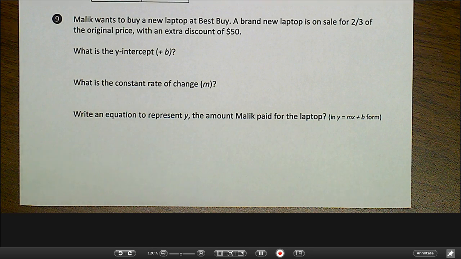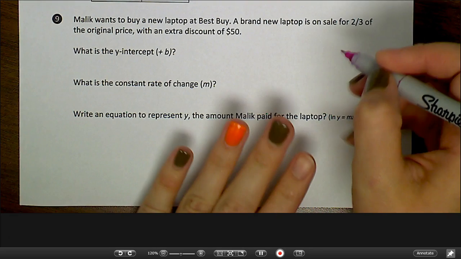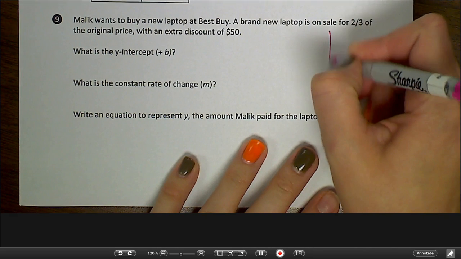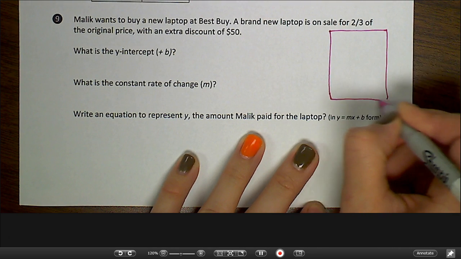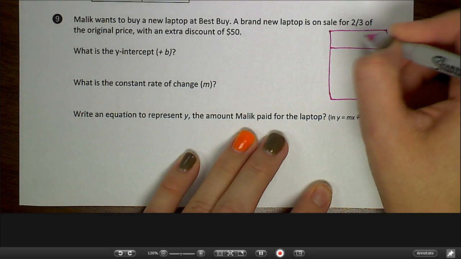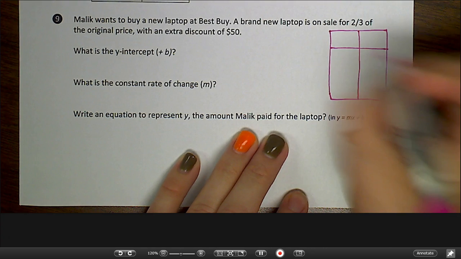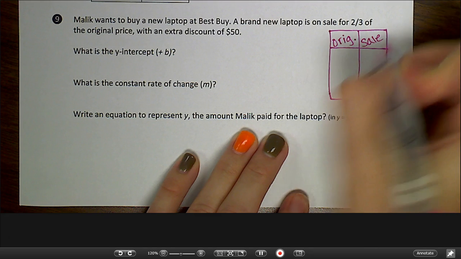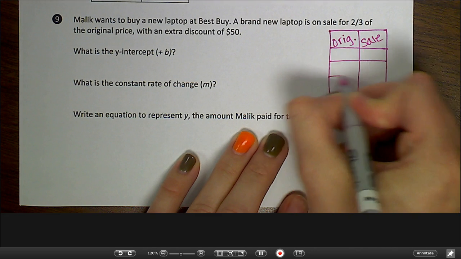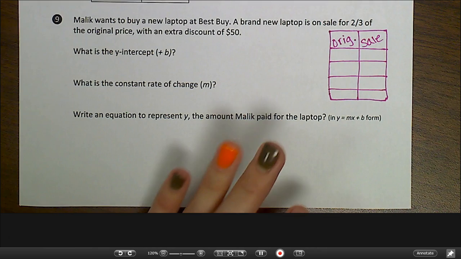So even though it's not asking us to do that, we can still set up a table, and we can still start off by doing that. So let's look at this as the original price and then the sale price. We're just going to have a few little entries here.